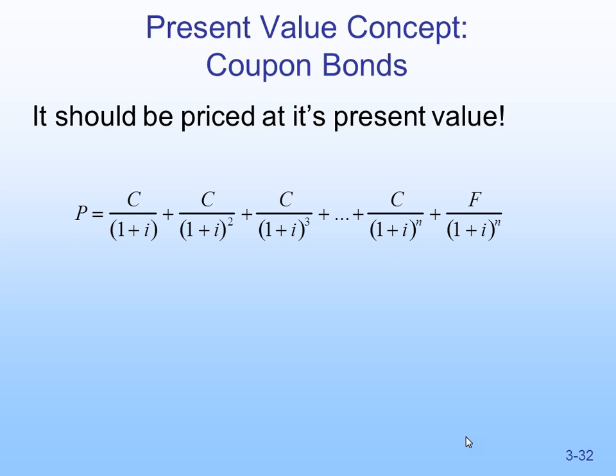Well, how do we figure out the present value? We have to take that equation we've been working with, but we have to expand it out n years. What's n in this case? 10. We have to expand it out 10 years. So you have to write down that equation and figure it out over 10 years.